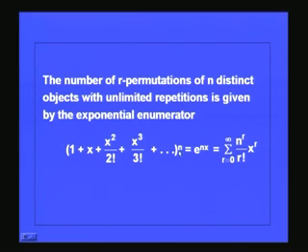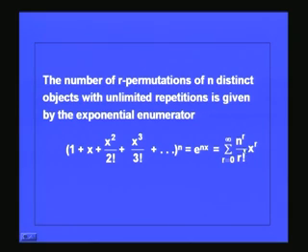So, this power n, but we know that the closed form expression for this is e power x. So, you have e power x into n, or e power nx, and the coefficient of x power r in this is given by n power r by r factorial. e power nx you can write as sigma r equal to 0 to infinity n power r by r factorial into x power r.